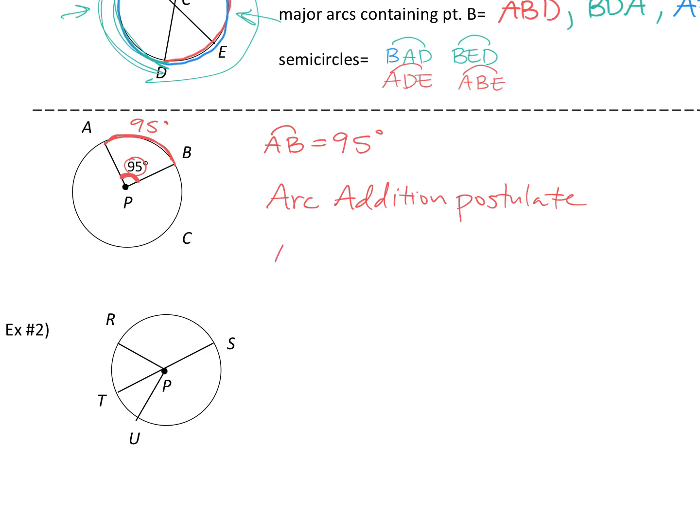If I say arc AB plus arc BC, it will equal, I should have technically put an M in front of those, the measure of arc ABC, right? If I take this arc and I add to it this arc, it will equal the whole thing, okay? So you're gonna do a little bit of that on this next little piece here.